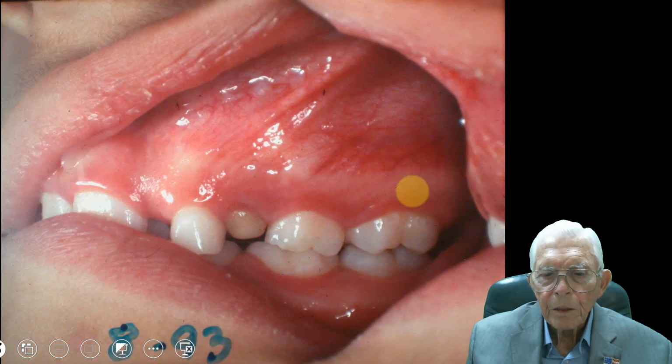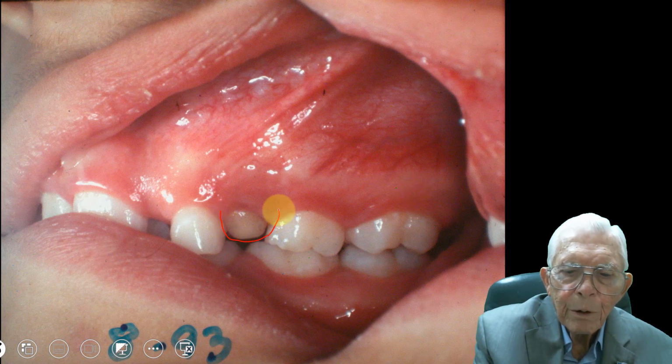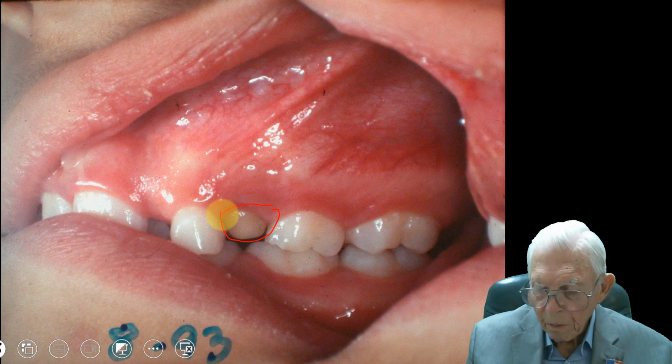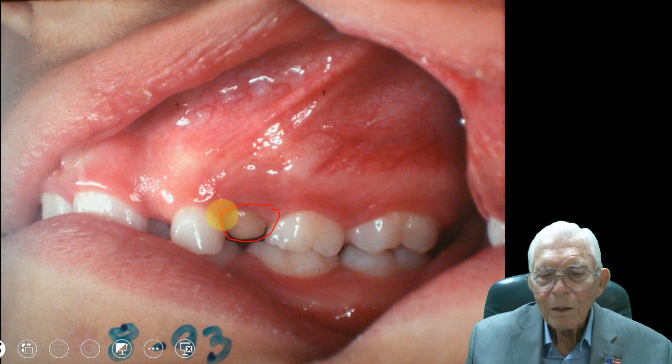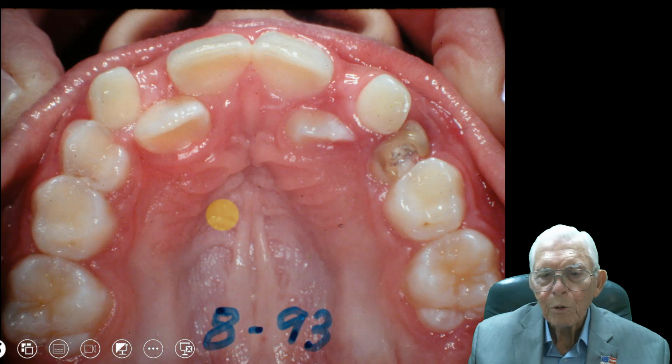Now, here there was a stainless steel crown put over this, and it was before I saw this young lady. A lot of times they'll have a tooth that is abscessed or has a cavity in it that's questionable, and they may think they get everything out and they put a crown over it and leave that crown in there, and that keeps the pressure from coming out through the tooth.